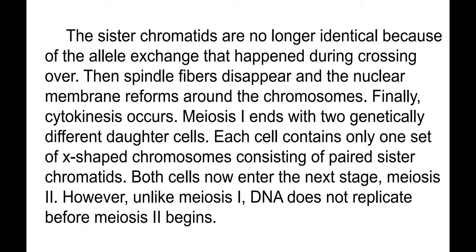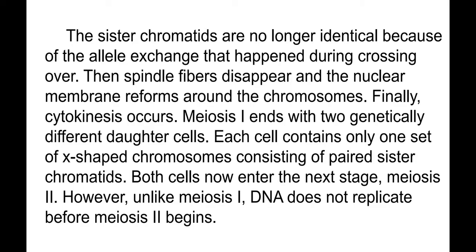The sister chromatids are no longer identical because of the allele exchange, this crossing over, that happens during crossing over. Then spindle fibers disappear and the nuclear membrane reforms around the chromosomes. Finally, cytokinesis occurs and meiosis 1 ends up with two different daughter cells. Every cell contains only one set of X-shaped chromosomes consisting of paired sister chromatids.